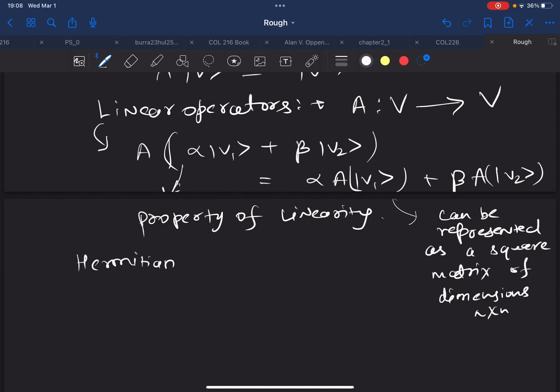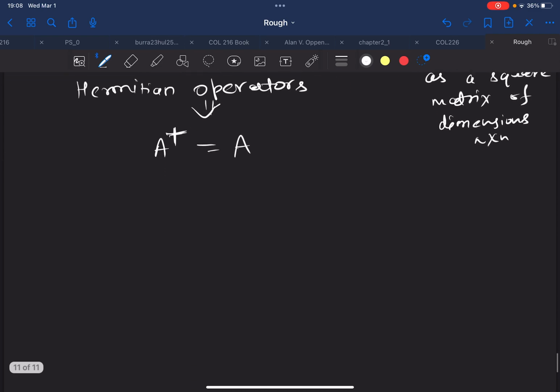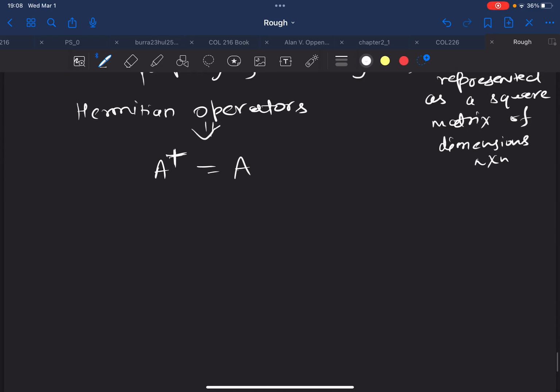An operator A is a Hermitian operator if the conjugate transpose, which is also known as the Hermitian conjugate of A, is the same as A. I am going to explain this by an example.